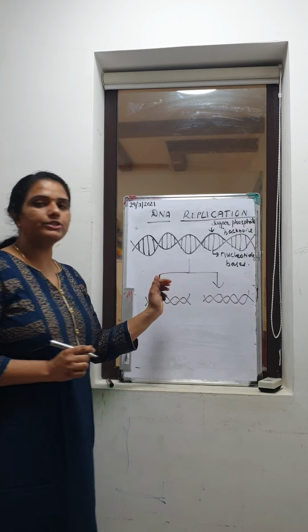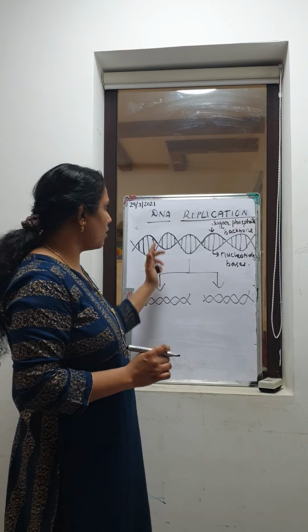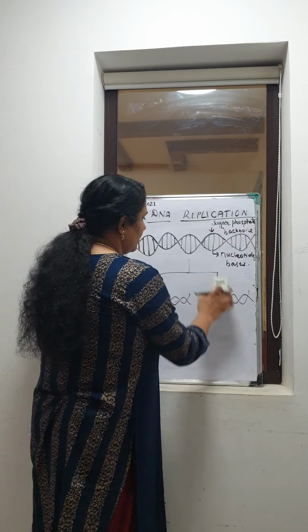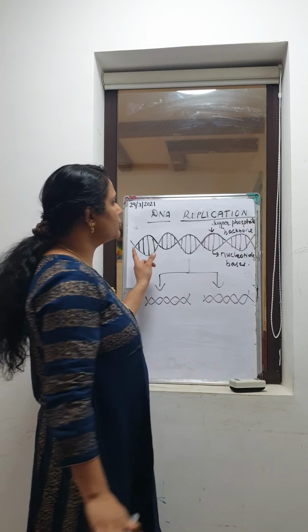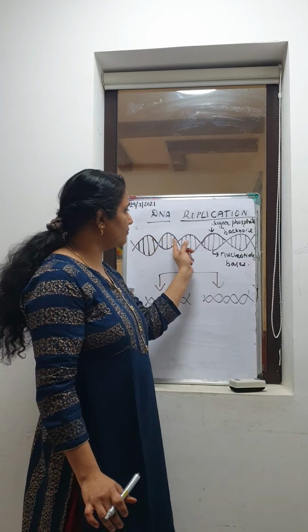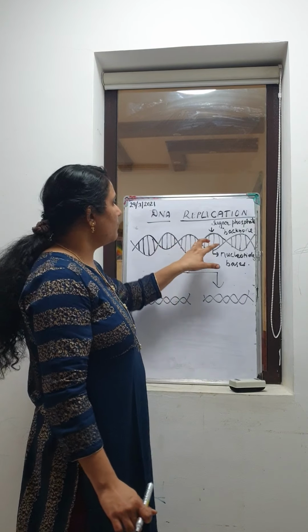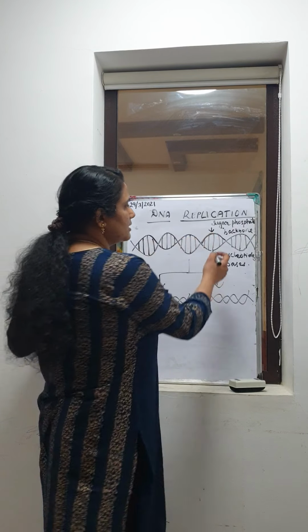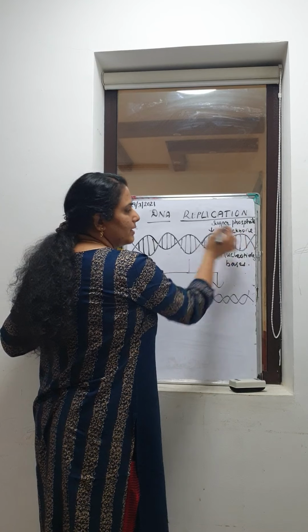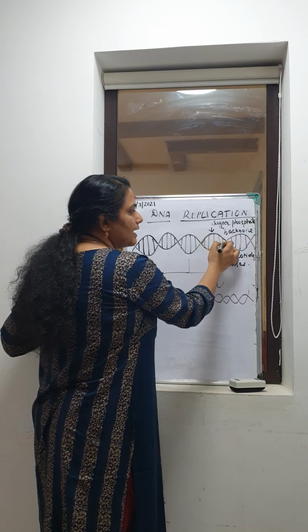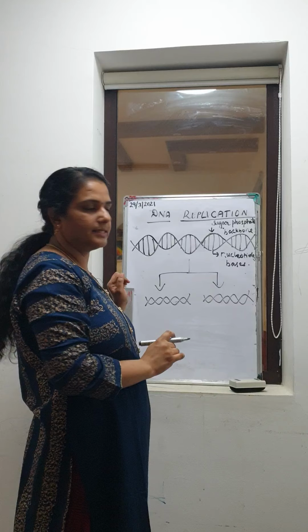Now, I'm just going to give you the overall process of this DNA replication. To understand this, we have to know the structure of the DNA molecule. The outer ring is made up of sugar phosphate backbone and the inner lines are nothing but the nucleotide bases.